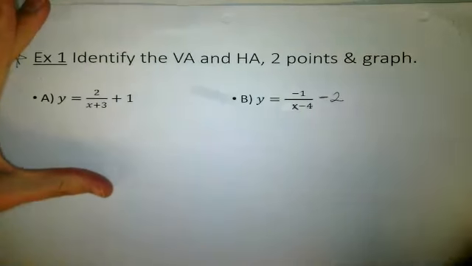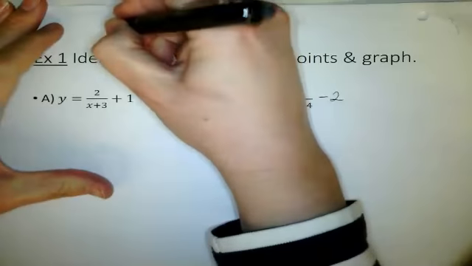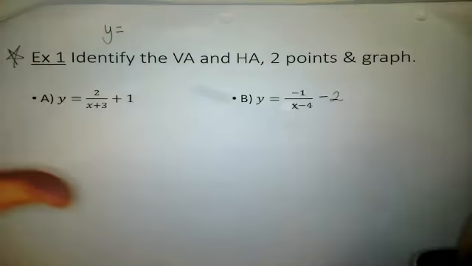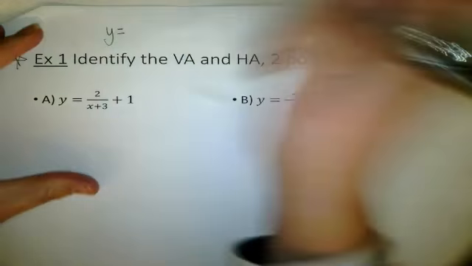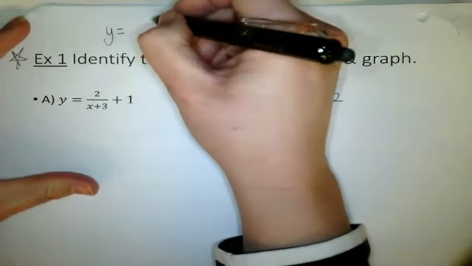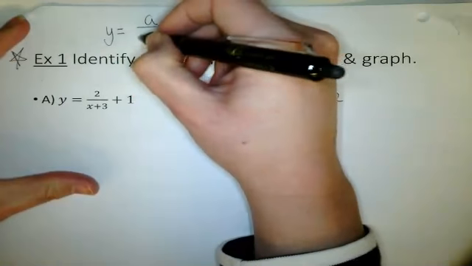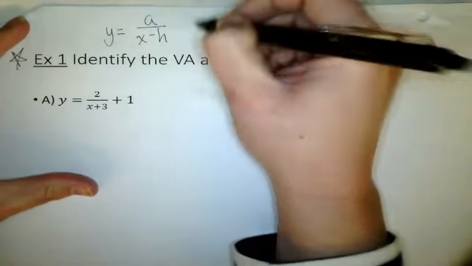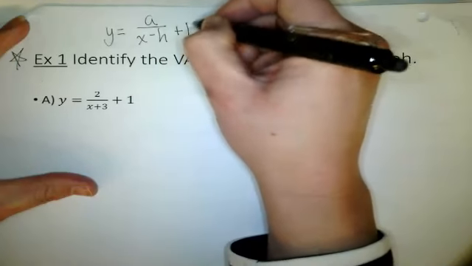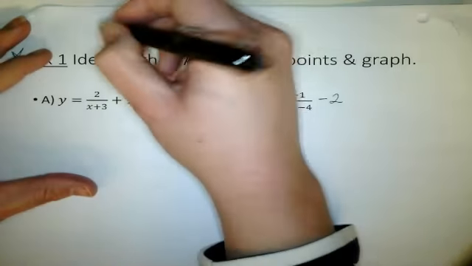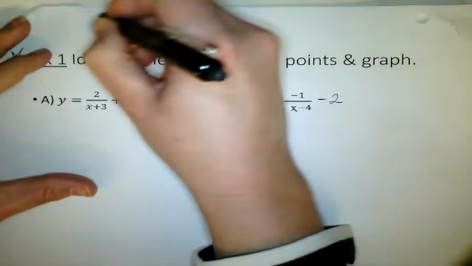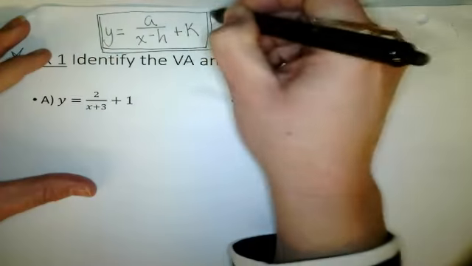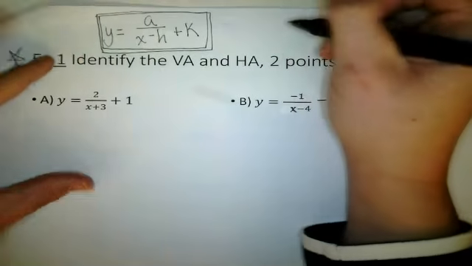All right, so we want to write down our simple form again, because the more you write it down, the better it sticks in your brain. We had y equals a over, what goes on bottom? X minus h. What's on the outside? Plus k. Very good. This is our very simple rational function form. That's definitely something you want to have like highlighted, boxed, whatever.